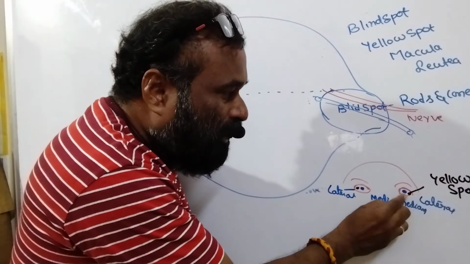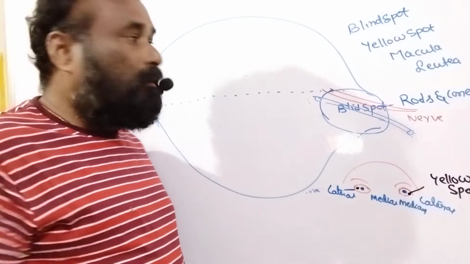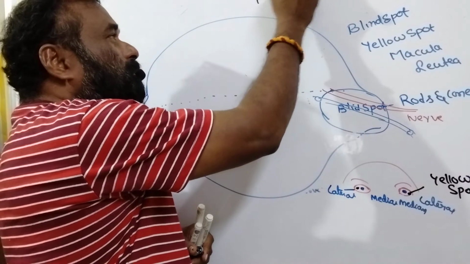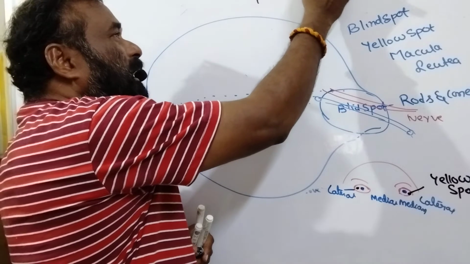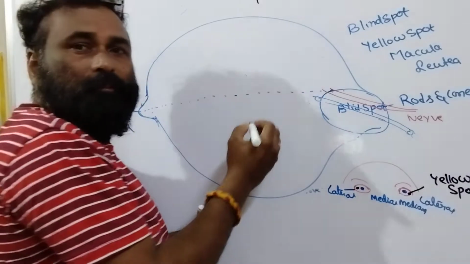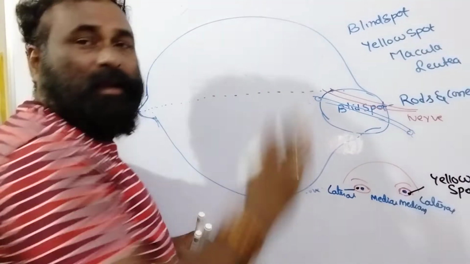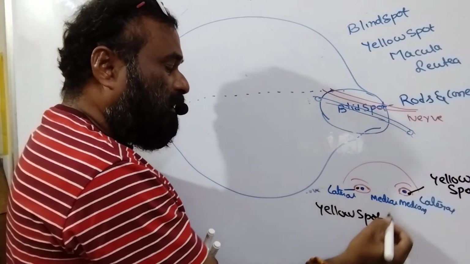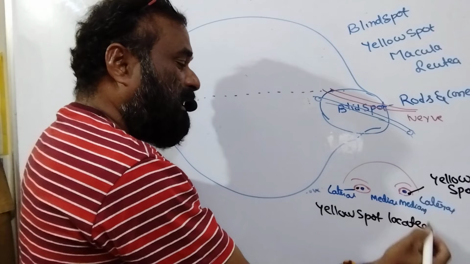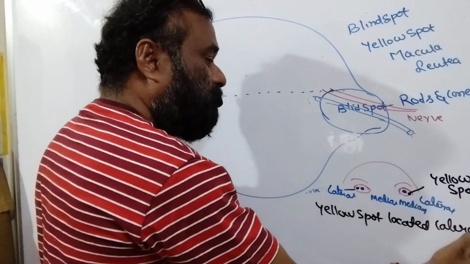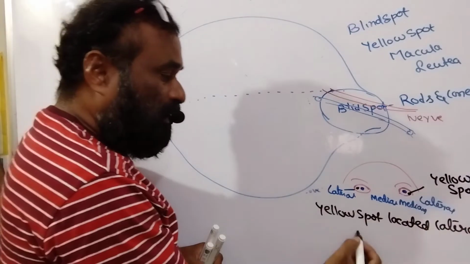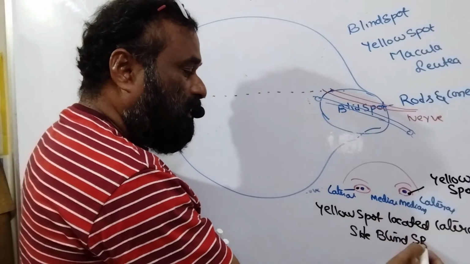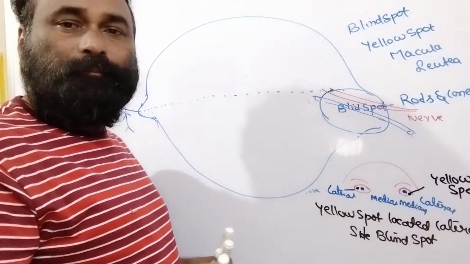So the yellow spot is located on the lateral side to the blind spot.